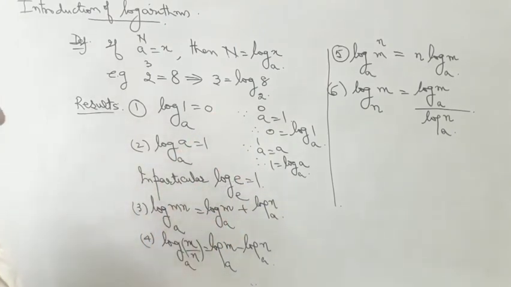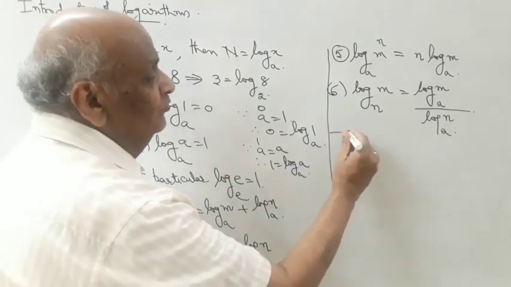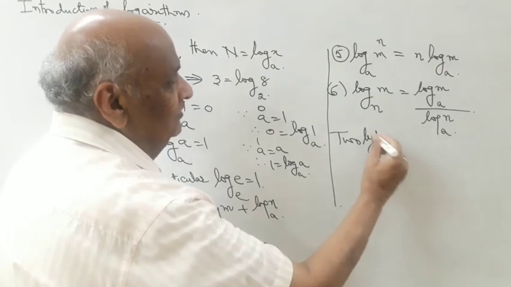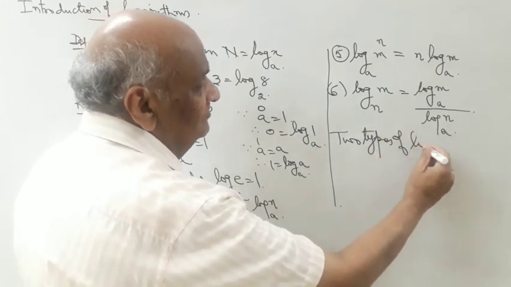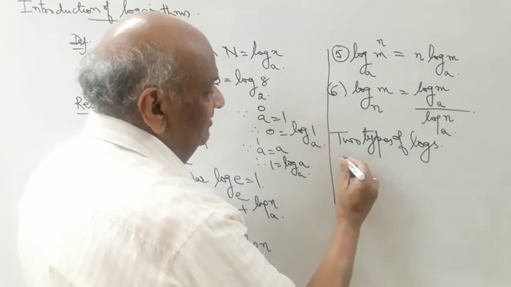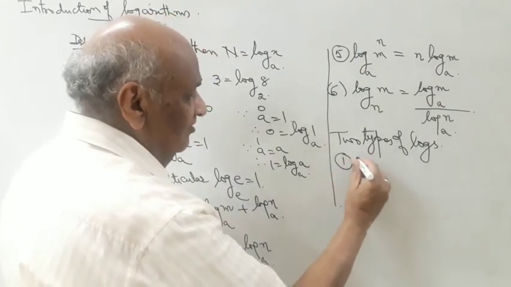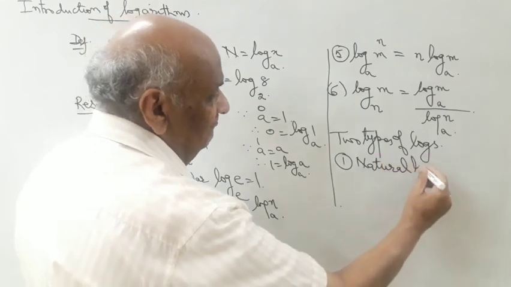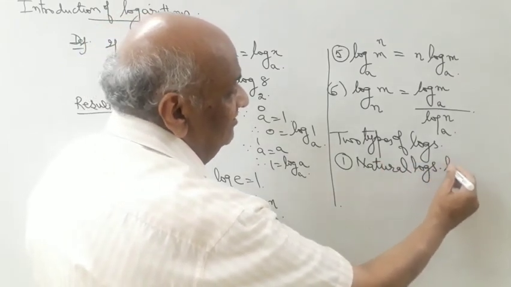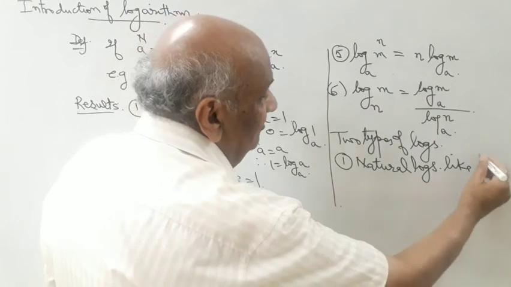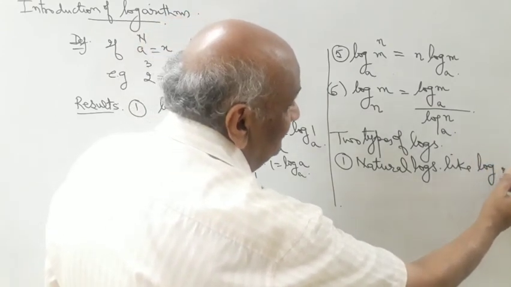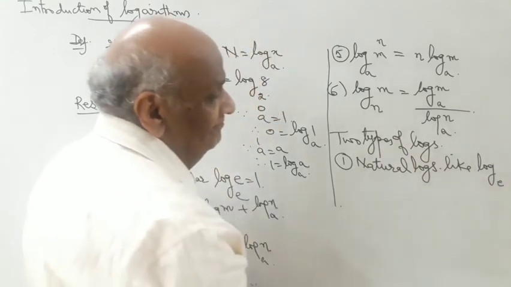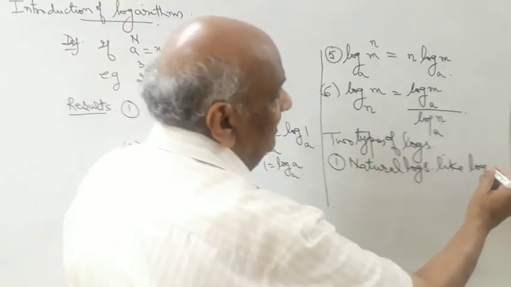In particular, log of e to the base e is 1. We have two types of logarithms. One is natural logs, like log to the base e. Check out. Then you have log of m to the base e.